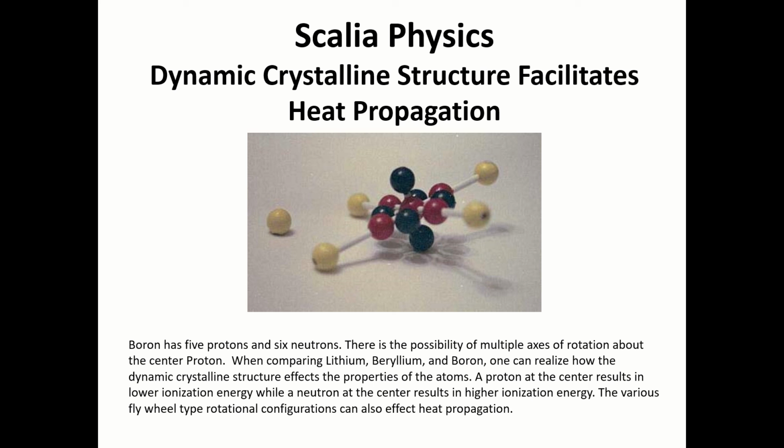So now that we sort of understand this concept of dynamic crystalline structure, we can now understand that light is a disturbance of the uniform distribution of dark matter, and heat is increased flywheel motion in the nucleus of the atoms.